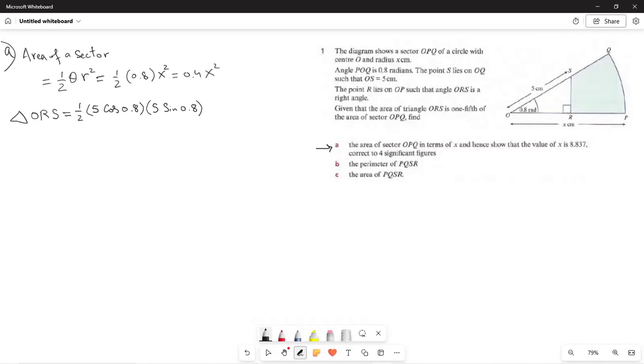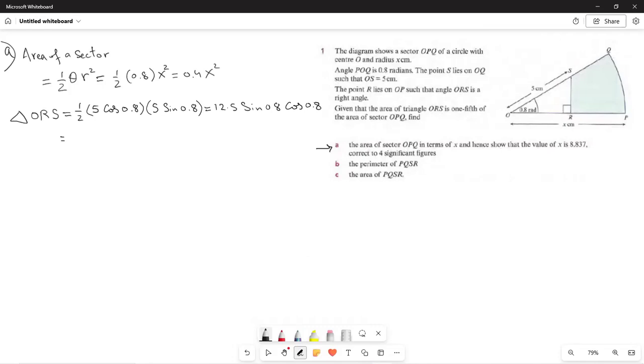I hope I'm not confusing the listeners. Everything is clear here. So it will become 5 times 5, 25, divided by 2 is 12.5 times sine of 0.8 into cosine of 0.8. We can calculate this directly, but I will do a little trick to make it easier.